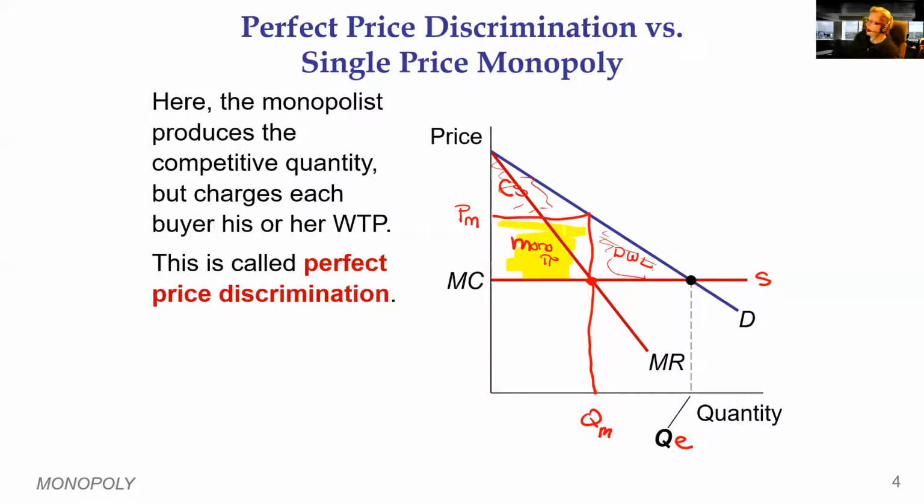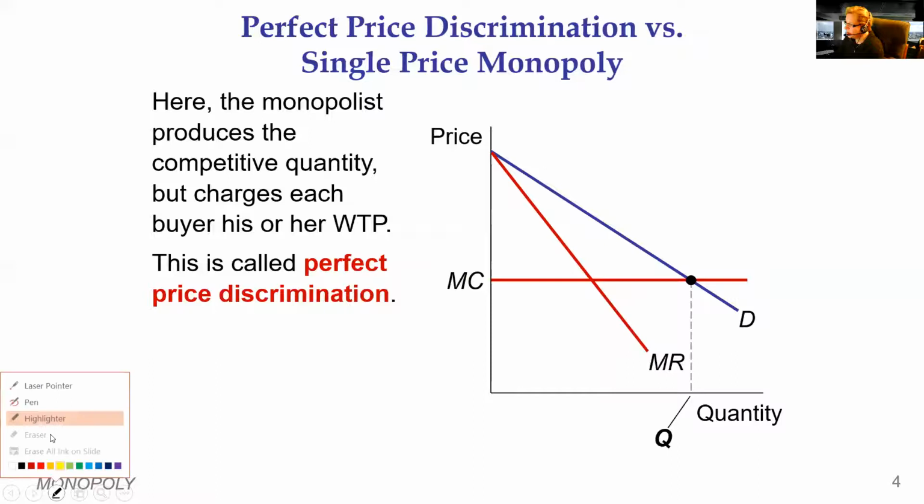Now this is perfect price discrimination that we're going to talk about here in just a moment. In perfect price discrimination, the monopolist is actually going to expand their quantity. And as they're expanding their quantity, they're going to charge everyone. So we have the quantity for the monopolist, the quantity equilibrium.